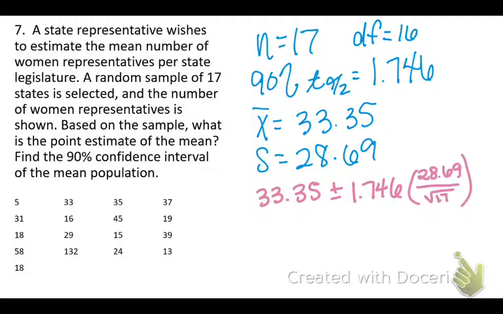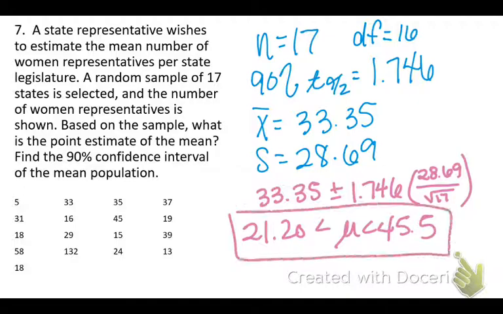Take a calculator, plug it in, and figure out what our answer is. If you do it correctly, it should be 21.20 and 45.5. And that is our final answer.